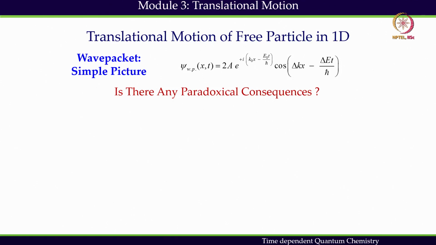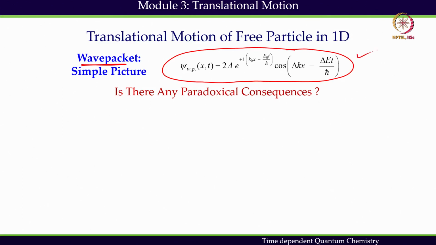Remember, we started representing the particle with the wave packet because the plane wave solution failed to represent the particle in quantum mechanics. Now, after getting this new solution, we can ask the same question: is there any strange consequence we get from this? So, first of all, we will check what is going on with the probability density.